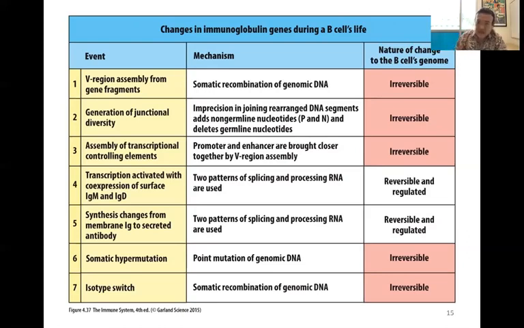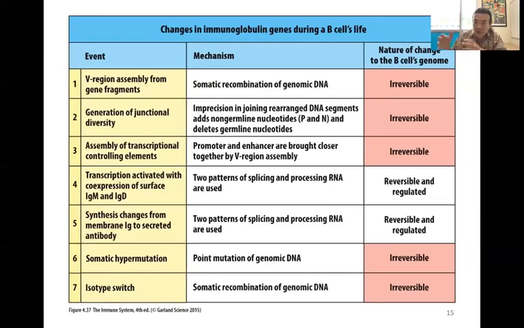Because what this is talking about is as a B cell is forming in your bone marrow and it starts doing the VDJ recombination to come up with its own unique Ig recipe, there are certain consequences, meaning at certain steps along the way, it has rearranged the genome in a way that's irreversible.